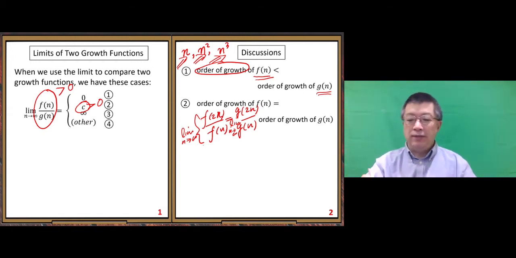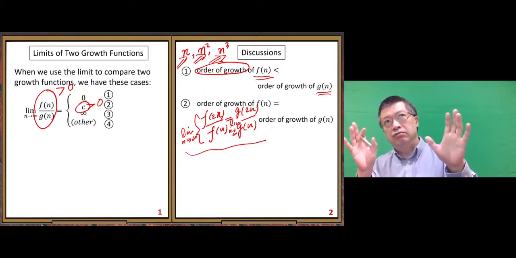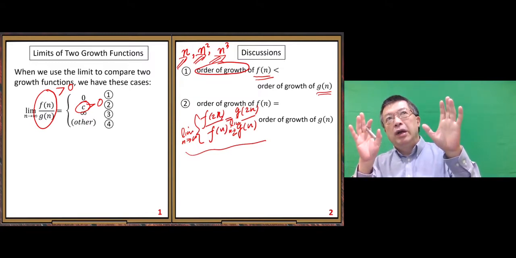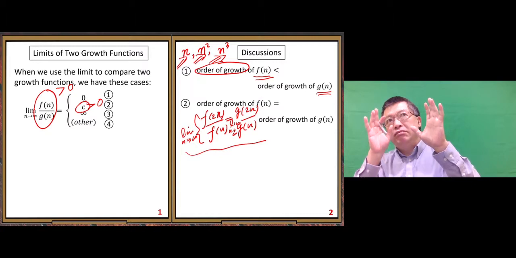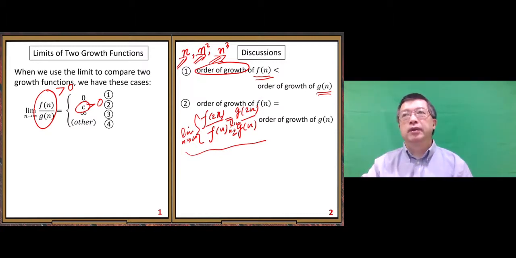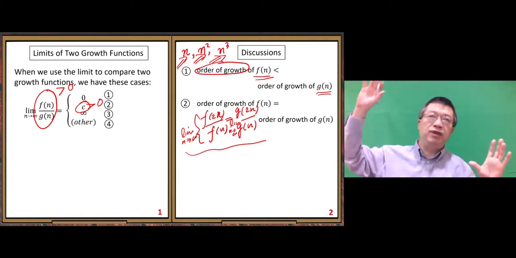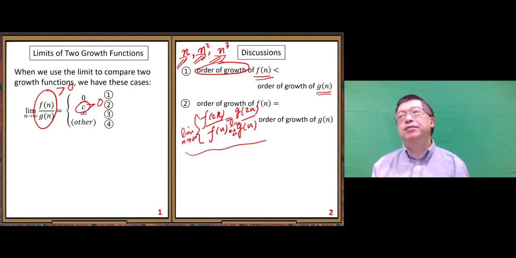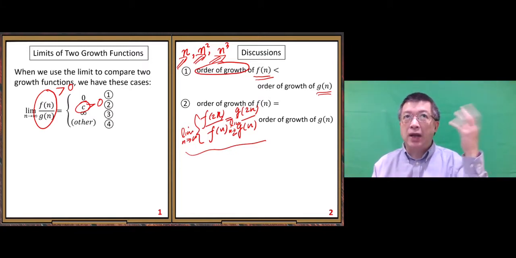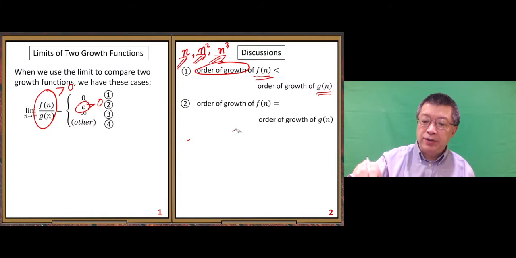Because a constant multiple does not make a big difference. It makes a small difference, but not a big difference. Sometimes we can ignore it, sometimes we cannot. So that's that constant. Same order of growth, case number 2.